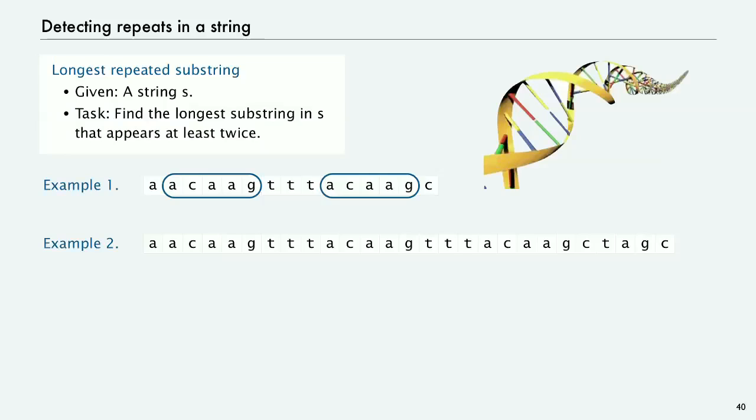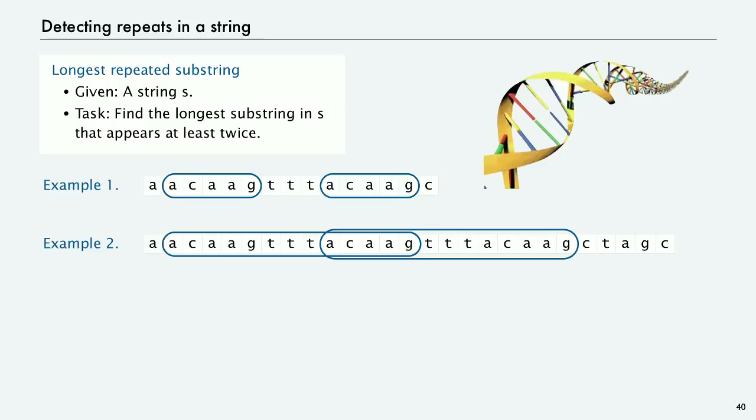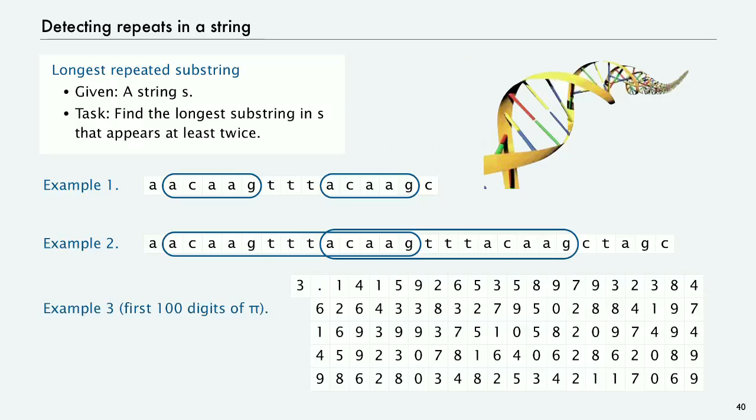Now you can see that this can be a challenging problem even for a human to solve, and even for a computer, it's a challenge. In this case, they overlap, and maybe we want to not allow overlaps, but we'll allow it. So there's two examples of finding the longest substring that appears at least twice.